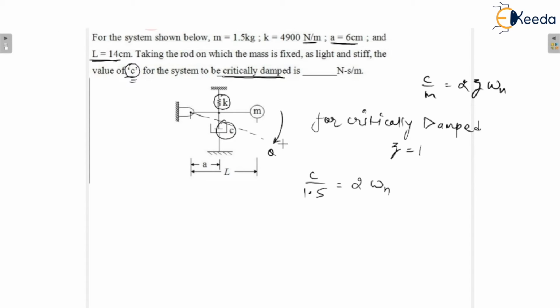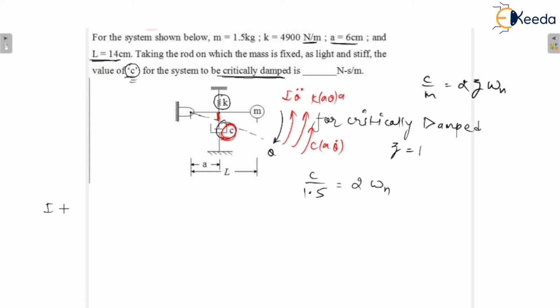If this is rotated through an angle theta, that means I theta double dot would be in the opposite direction, as well as the spring force, and this length would be theta into A. This is A into theta, and since we are considering torque, the torque would also be multiplied with A. And now again we have to consider this damper, the torque of the damping force, so it would be C, and the length is also considered as this arc, so this is A into theta dot.